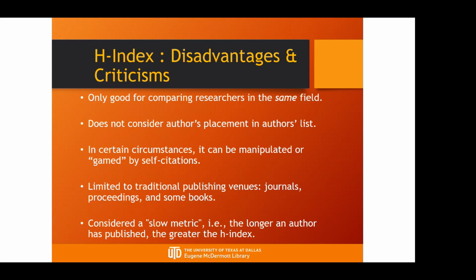Also, a lot of authors can game their H index by engaging in heavy self-citation. Now we saw with Scopus and Web of Science that you can, in a way, adjust for that, but be aware that that danger is there.